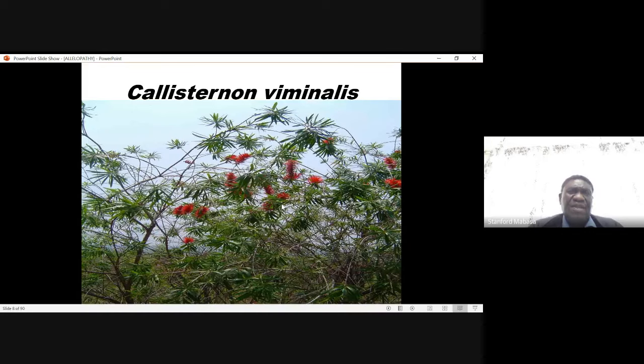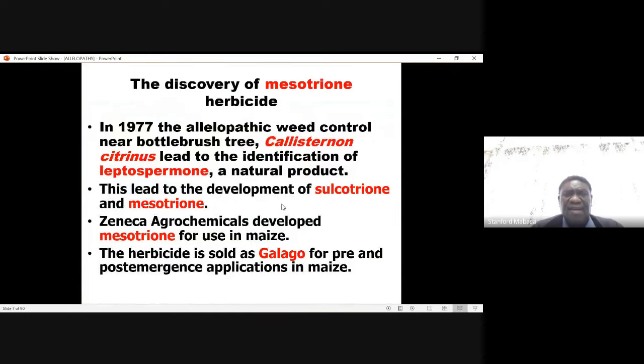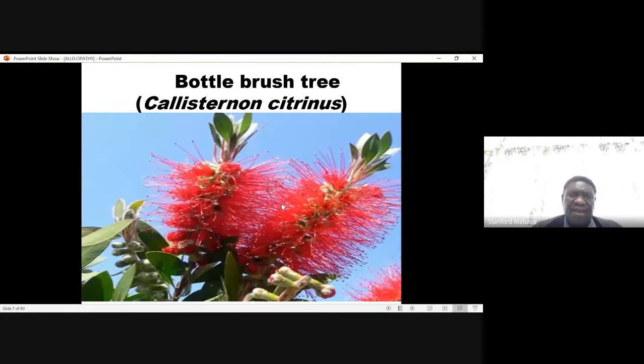In Zimbabwe, we have Callistemon viminalis, which could be naturally occurring. The other, Callistemon citrinus, I think it originates from Australia. Of course, we have people now planting it. I think it probably is an ornamental plant because of this flower.